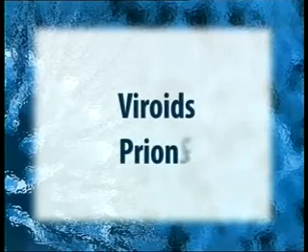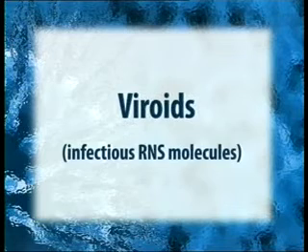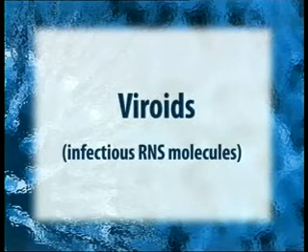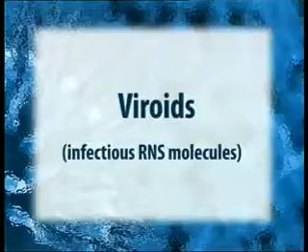Finally, let me make a brief mention of the unusual viruses. You might have heard about the viroids or the prions. Viroids are the infectious RNA particles that function independently without any encapsulation or having any envelope or protein coat surrounding them.